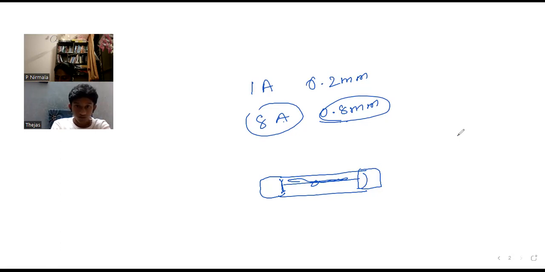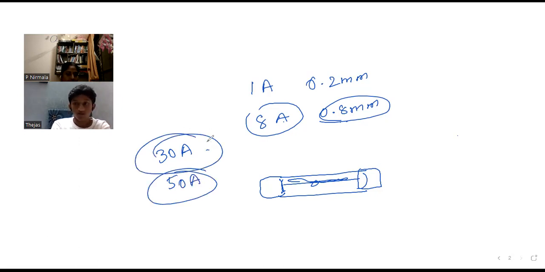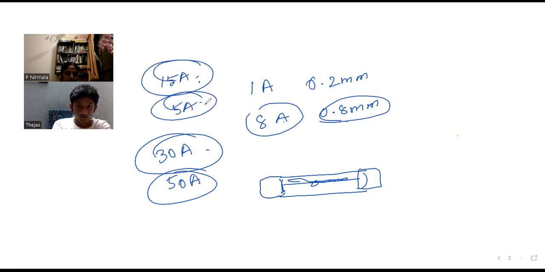Now here they have given, you see, total for home is 30 ampere, and for commercial purposes is 50 ampere. 15 ampere is for high rated appliances, and 5 ampere is for low rated appliances.